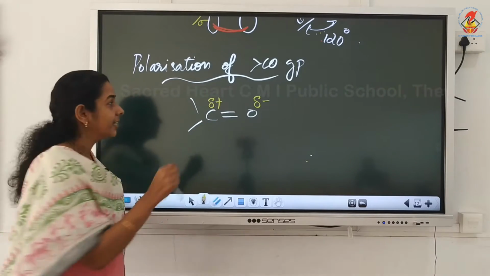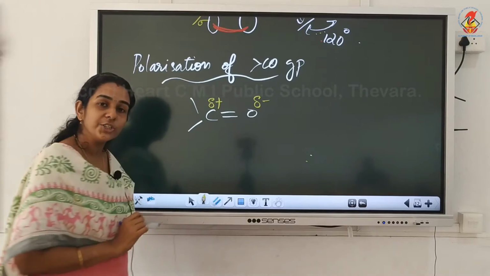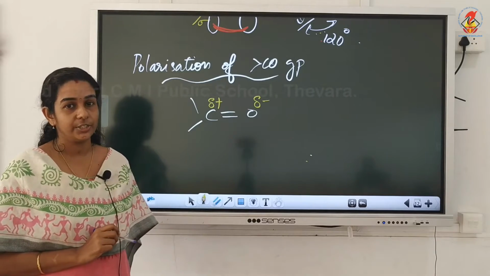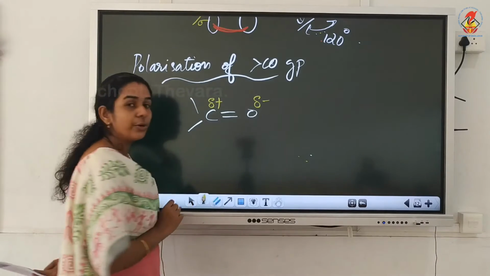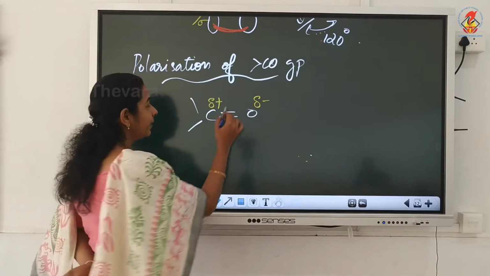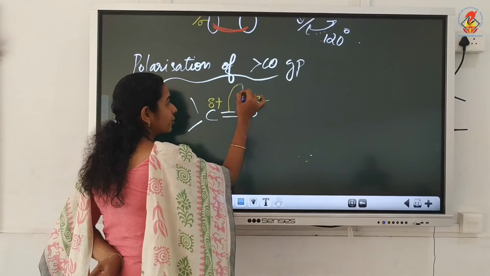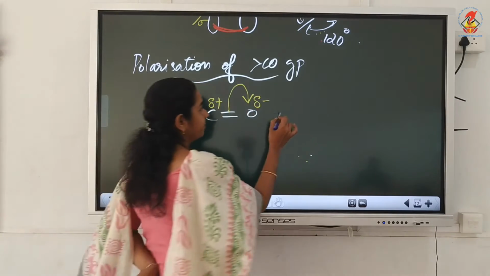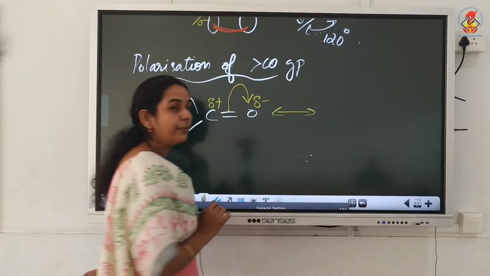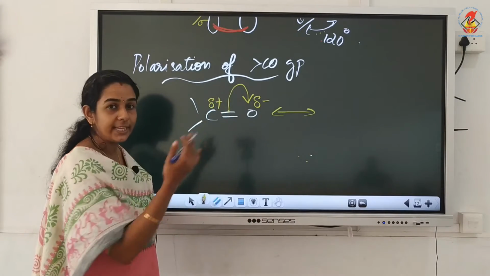Now, due to this development of partial positive and negative charge, what happens? Since oxygen is more electronegative than carbon, this pair of electrons can be completely shifted towards oxygen. In this movement of electrons, we represent it by using arrows.